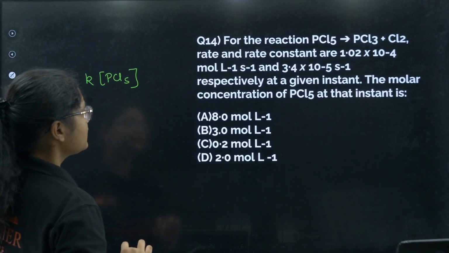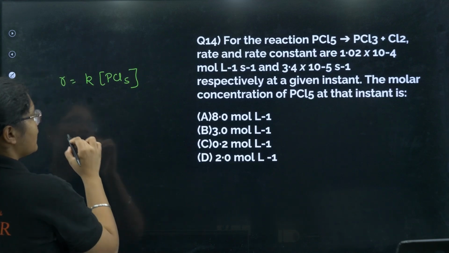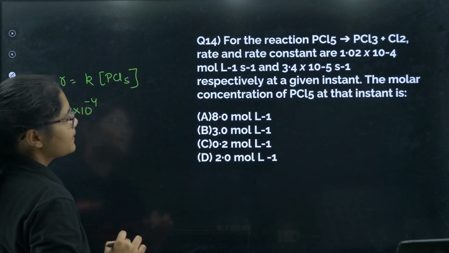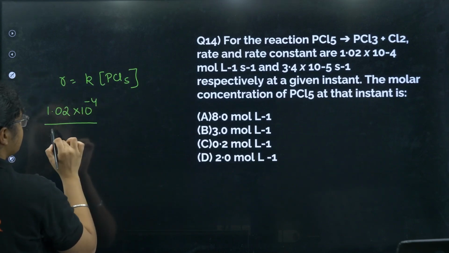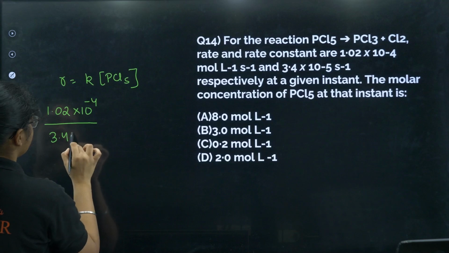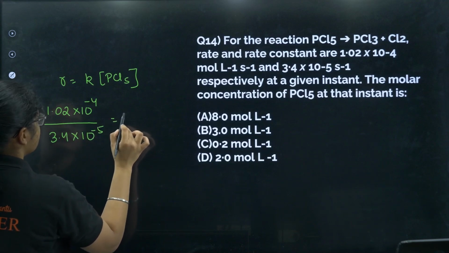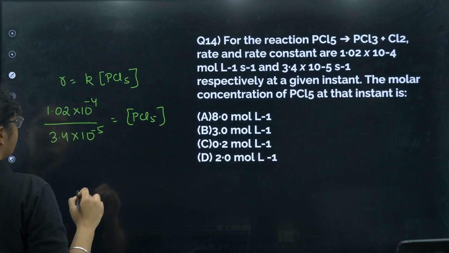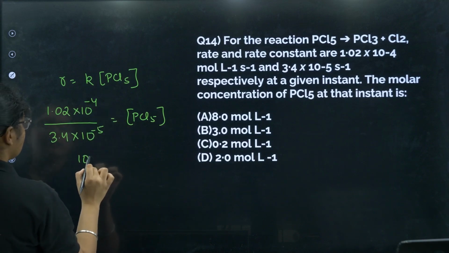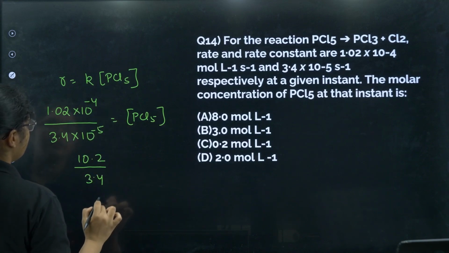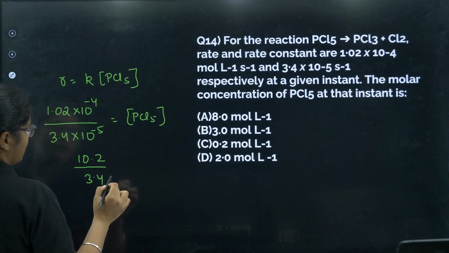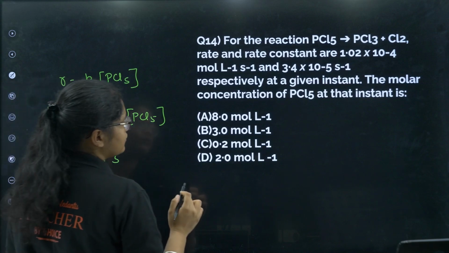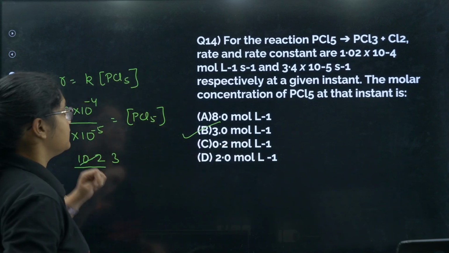And rate value is 1.02 into 10 to the power of minus 4, divided by the constant, that is 3.4 into 10 to the power of minus 5, is equal to concentration of PCl5. Next, this one will become 10.2 divided by 3.4. 3 fours are 12, so that is 3 times. So your answer will be option number B here.